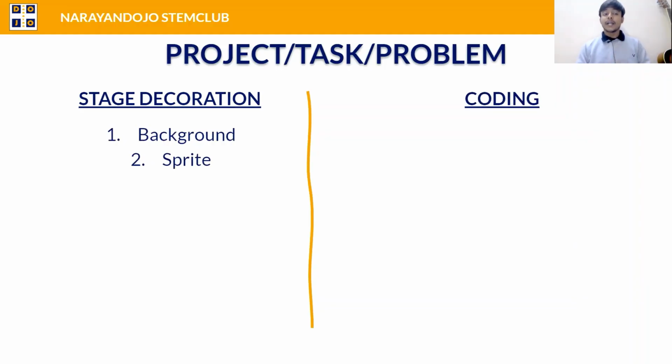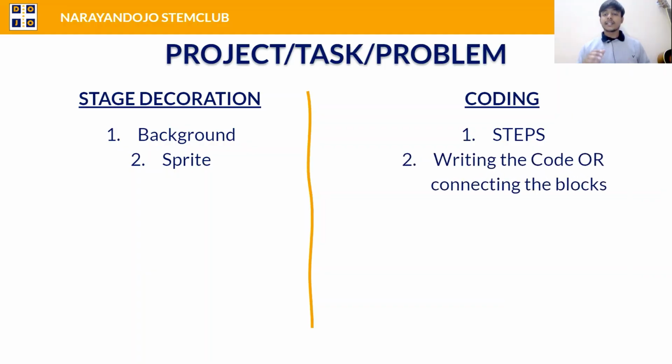So after decorating your stage with the background or sprite, come to the coding part. And in the coding, first write the step-by-step instruction for solving the problem which you have received. And after this, just write the code or connect the blocks together for solving that problem.